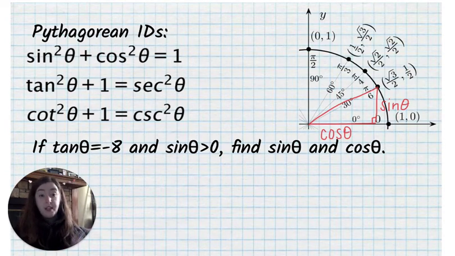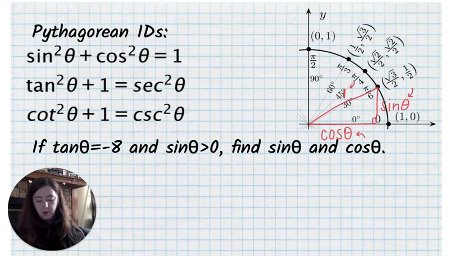So that means that the hypotenuse of this triangle is 1. So when we put it into the Pythagorean theorem, we would have sine squared plus cosine squared equals 1 squared, or just 1.